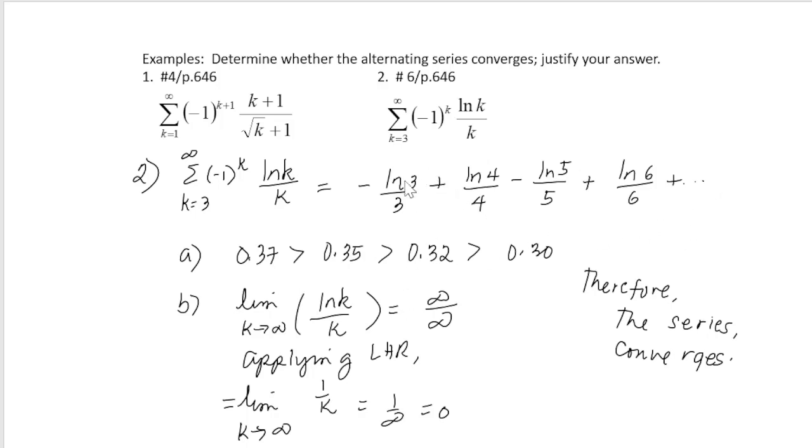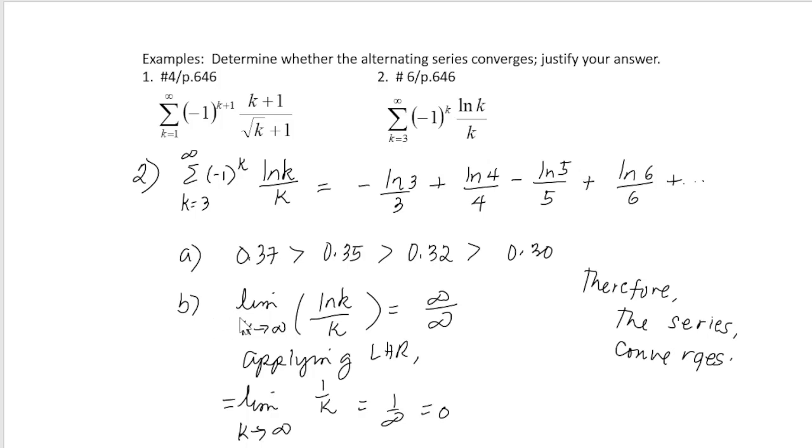And then if you use your calculator, natural log of 3 all over 3 is 0.37, natural log of 4 all over 4 is 0.35, natural log of 5 all over 5 is 0.32, and natural log of 6 all over 6 is 0.30. As you can see, the terms of the series are decreasing. 0.37 is greater than 0.35, 0.35 is greater than 0.32, 0.32 is greater than 0.30. So the first condition is satisfied.